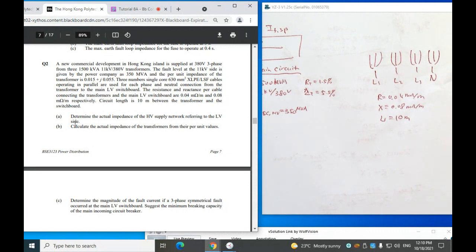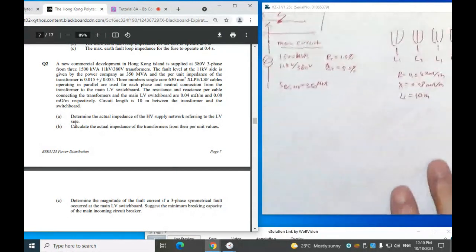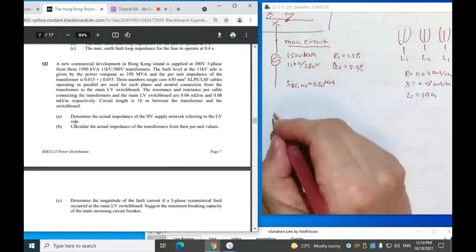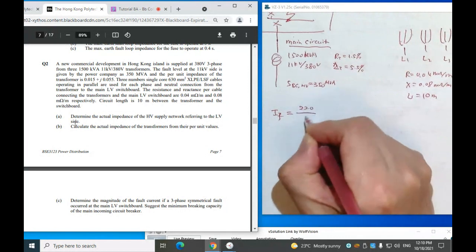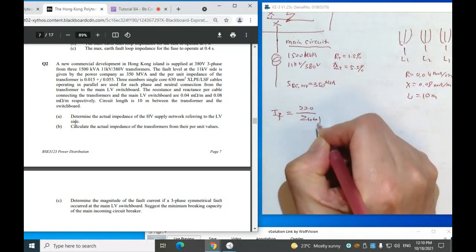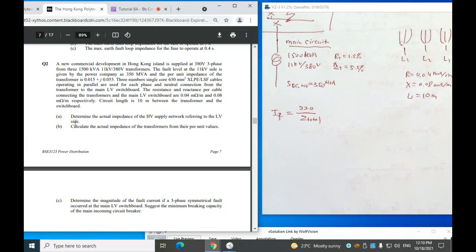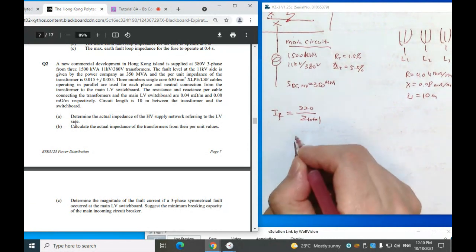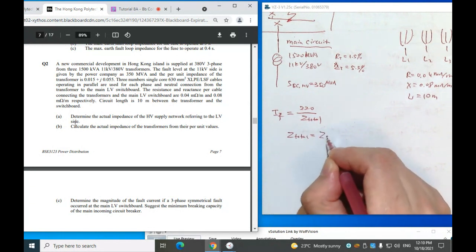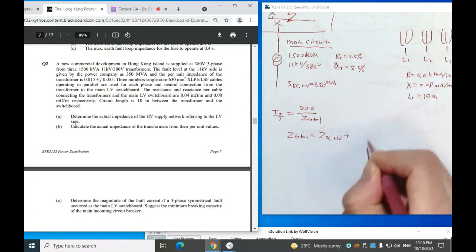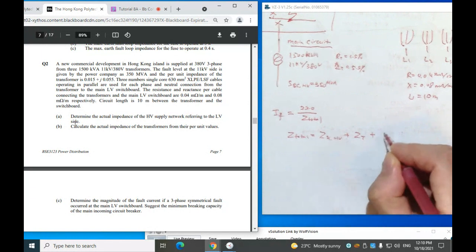So in this case, again, we need to use the formula for the three-phase fault current, where the total impedance includes the HV circuit, the transformer, and the switchboard.